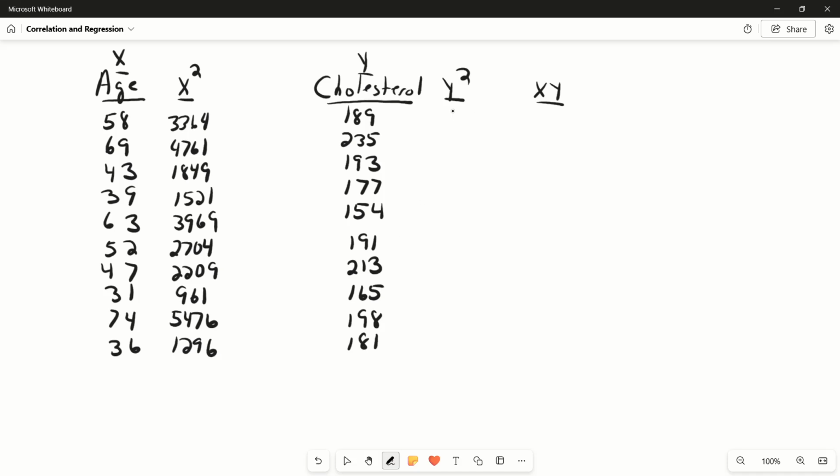Square all the Y values. You're going to get huge numbers here, so your calculator is going to be working overtime on this one. But don't worry, if you can do this, you can do the small problems very easily.